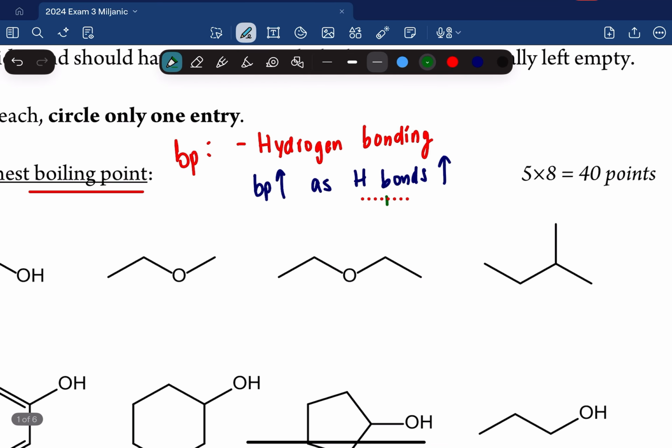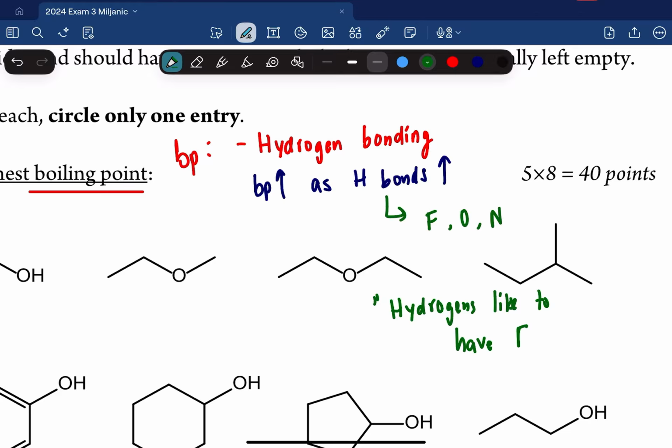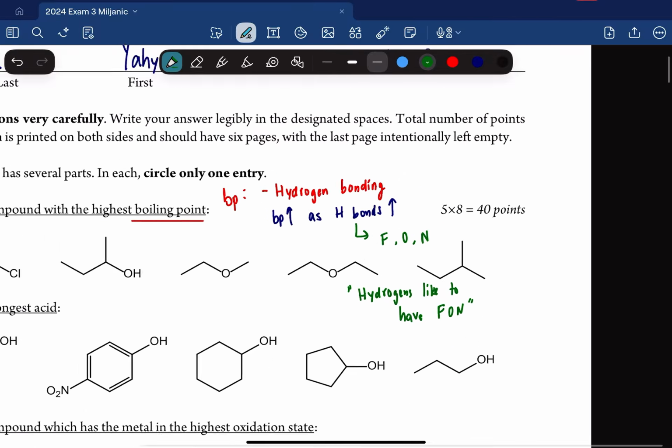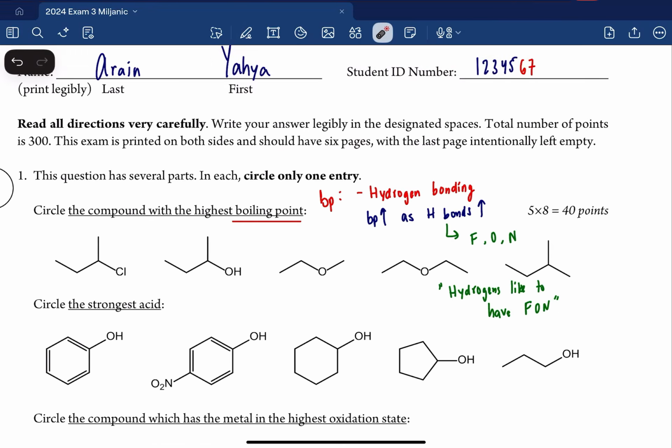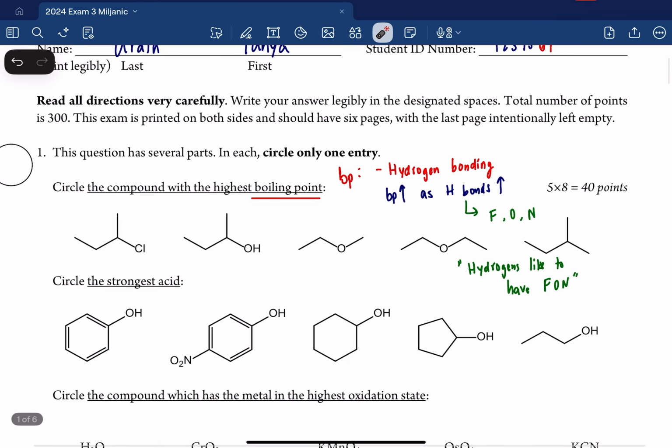So you can put off to the side here, F, O, and N. So you can think of it like the hydrogens like to have fun. So that tells you if there's a H bound to F, O, or N, then you will have hydrogen bonding. So let's look through these.